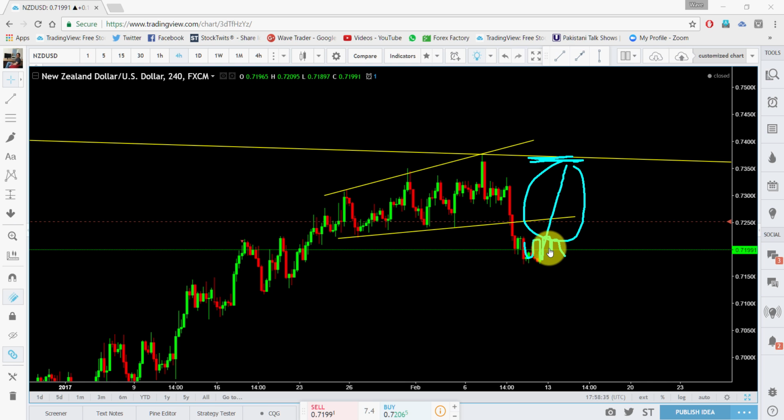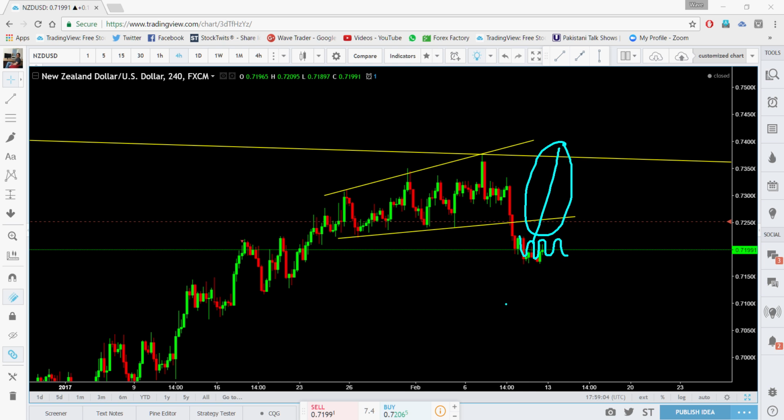Also, you can buy for this much, but I will suggest you look for sell if this move comes over there. So look for sell again, and whenever price comes close to the top, look for sell. Let's see what we're going to get over there. Either we're going to get a continuation pattern, or we're going to see the impulsive move back to the upside again.